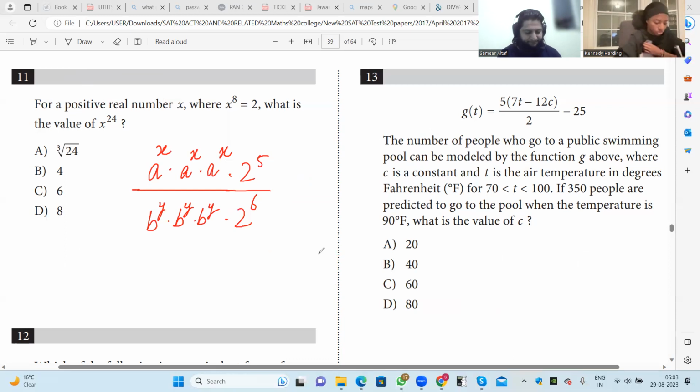Can you solve this? Yep. So I got a^3x divided by b^3y times 2 to the 6th power, and 2 to the 6th power divided by 2 to the 5th.